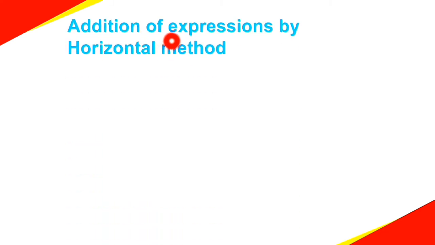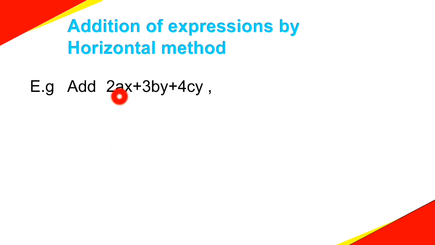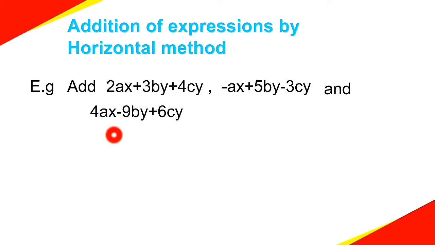Addition of expressions by horizontal method. Example, add 2ax plus 3by plus 4cy, comma, minus ax plus 5by minus 3cy and 4ax minus 9by plus 6cy.